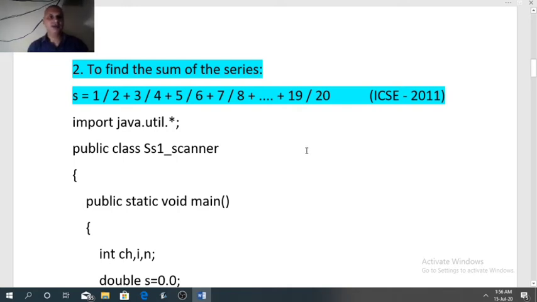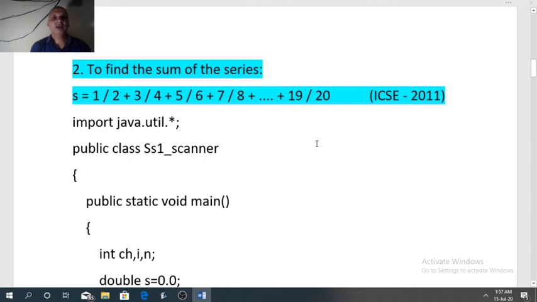Okay, coming to the point again. We can control the numerator or the denominator using the loop. If you control the numerator, then the loop will be I equal to 1, I less than or equal to 19, I equal to I plus 2.